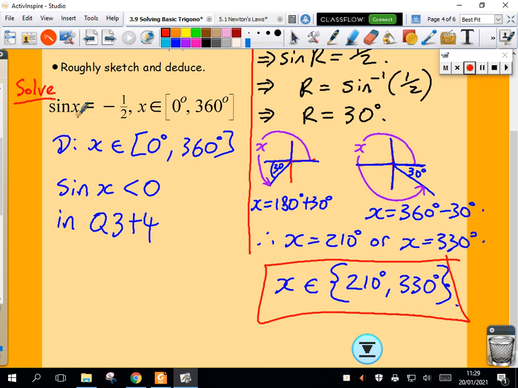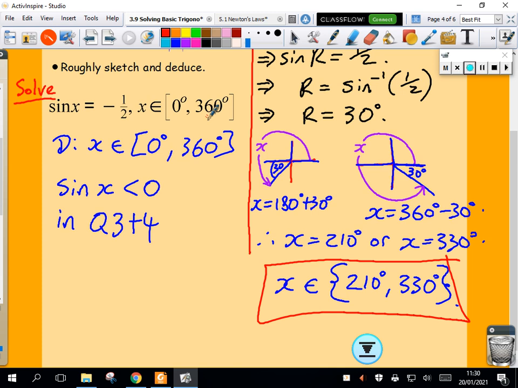Okay. Really common error with this question is people just take it and write in sine inverse of negative 1/2. That is not giving me my answer because it's not giving me all my possible values between 0 and 360. Let me just type in sine inverse of negative 1/2 into my calculator, and your calculator tells you it's negative 30 degrees.